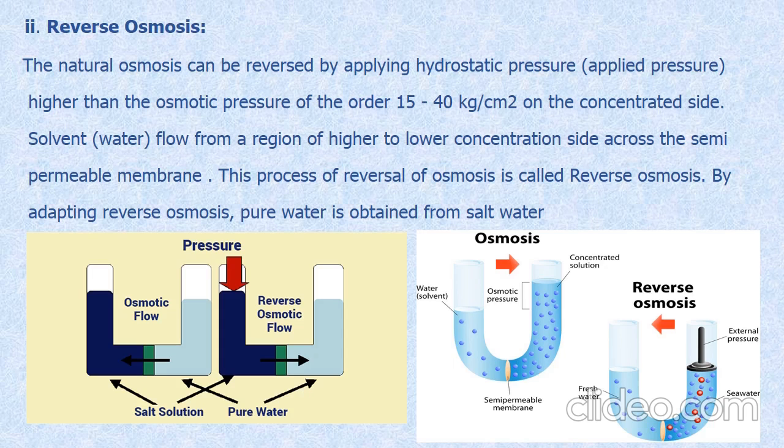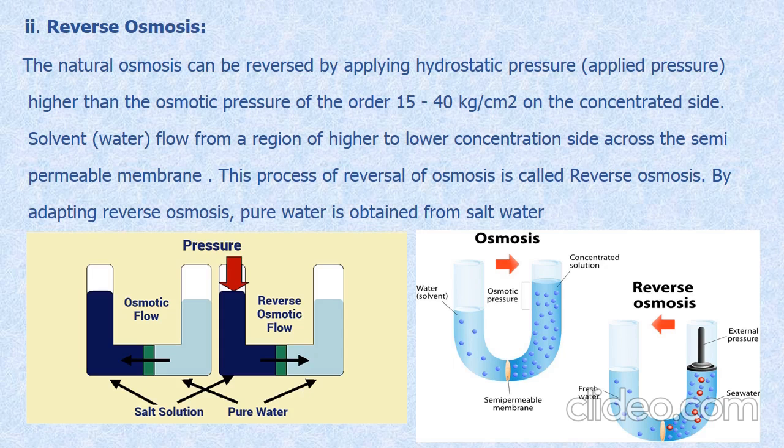So what can we do? If we are able to apply a pressure on the opposite side, that is on the higher concentration side, we can reverse the osmosis process. Normally water flows from lower concentration to higher concentration. We want to reverse that, with water flowing from higher concentration to lower concentration.